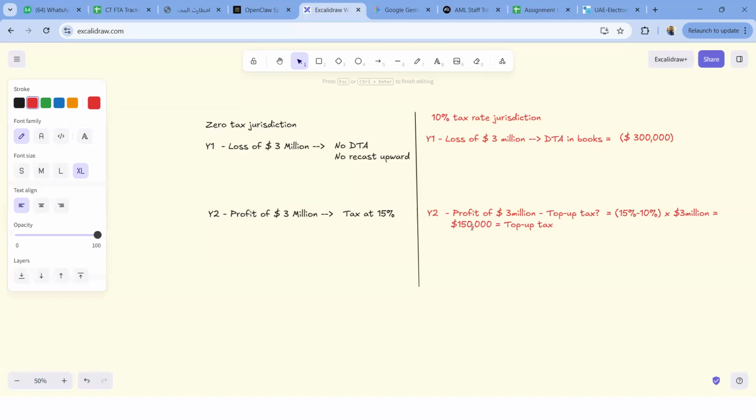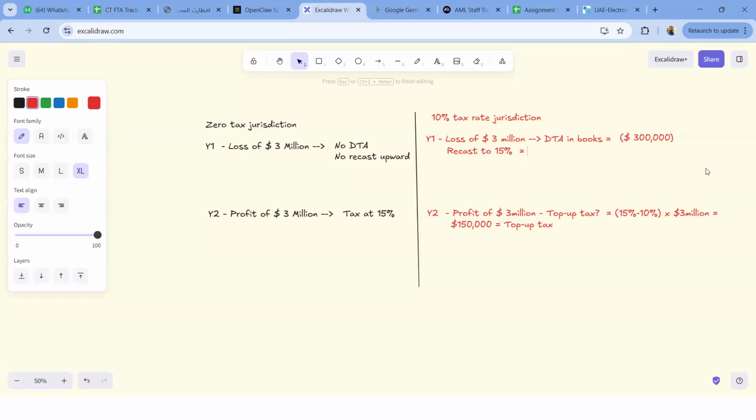But I have a loss DTA which is there at 3 million. Yes or no? That 3 million is in 10%, right? Can I recast it to 15%? I can recast it to 15%.